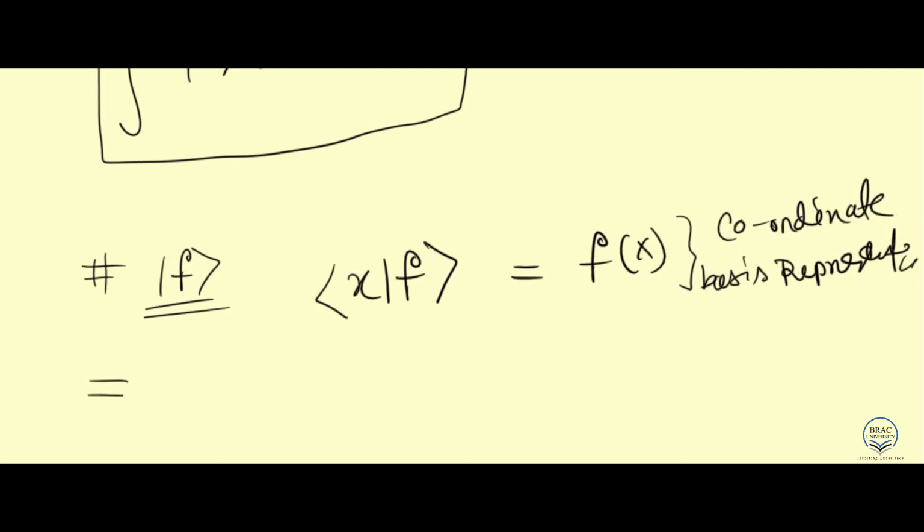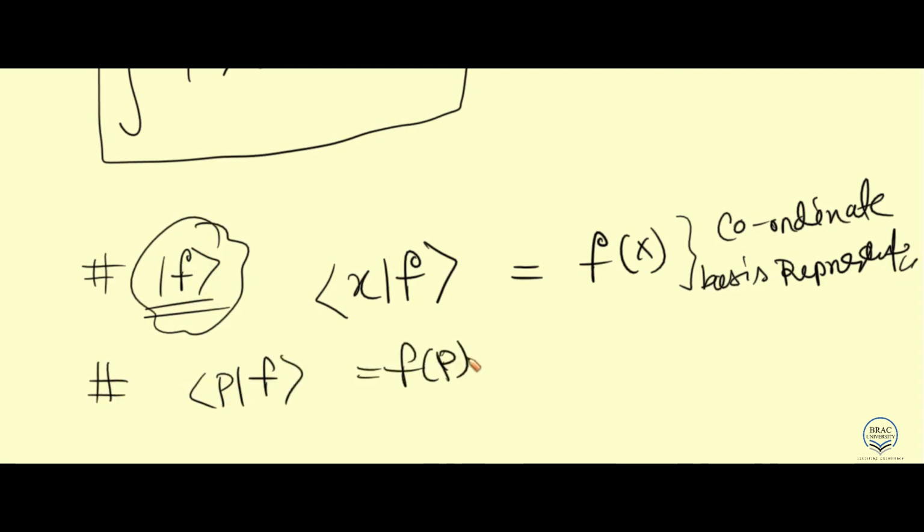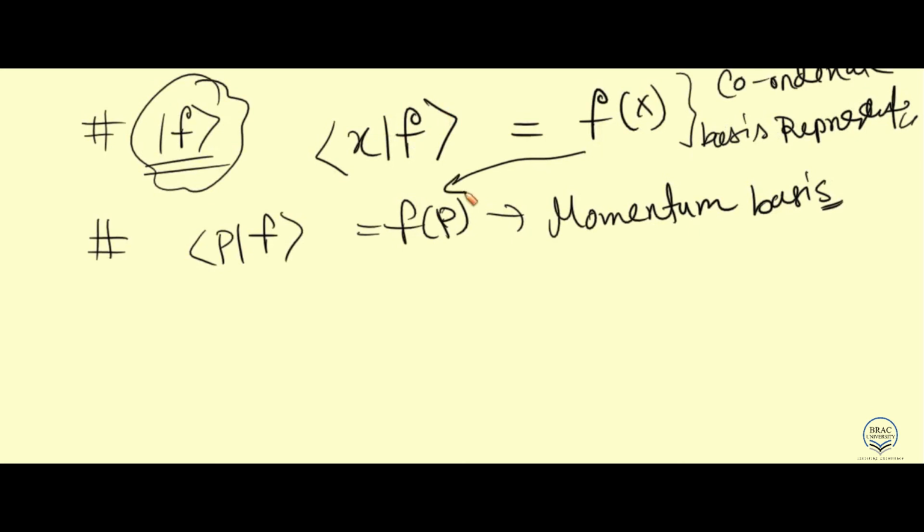In quantum mechanics, we can also take the abstract function over here and project it into the momentum basis, denoted by p, and this will then be f of p. So this is on the momentum basis. This is the power of abstraction, that you are dealing with something in general, but then you can always take the representation that is convenient for you. And in fact, these two are related via some Fourier transformation.